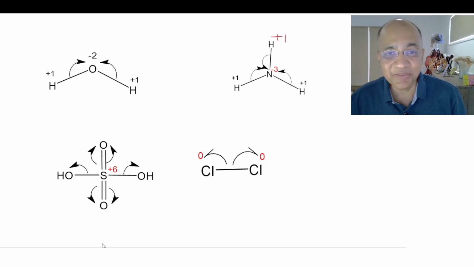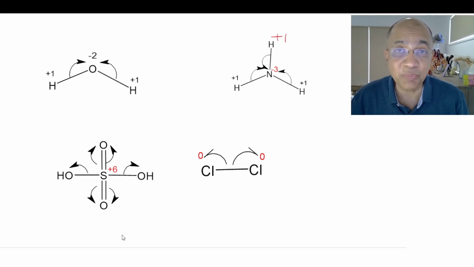Take the case of sulfuric acid. Of course, as a school beginner, in 9th and 10th, you need not know the Lewis structure of all the covalent molecules and ions. Just to make you understand the concept, I have drawn the Lewis structure of sulfuric acid. And if you are asked to find out the oxidation number of sulfur, what do you do?